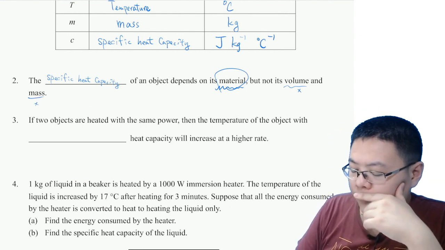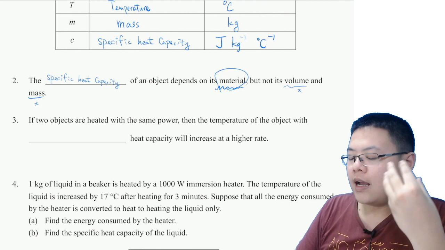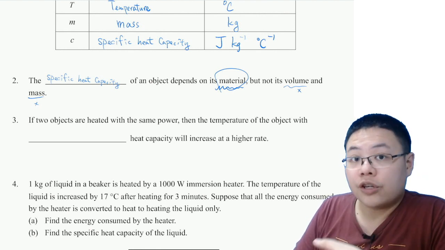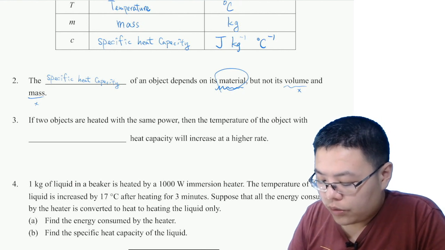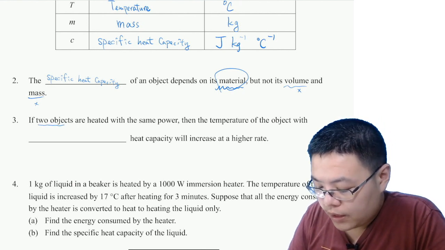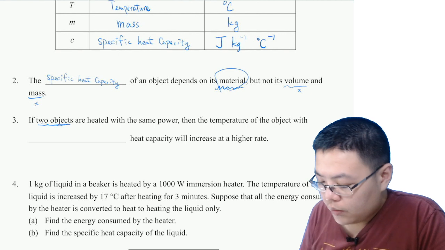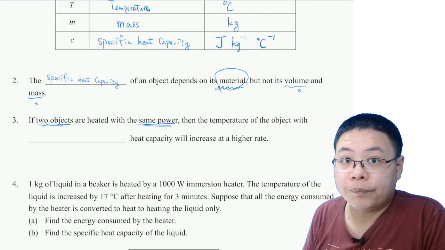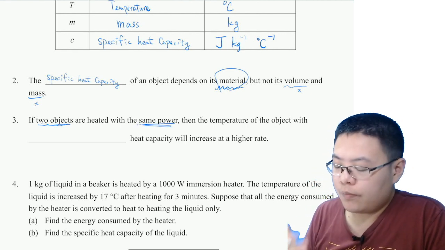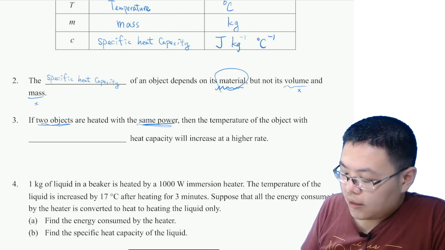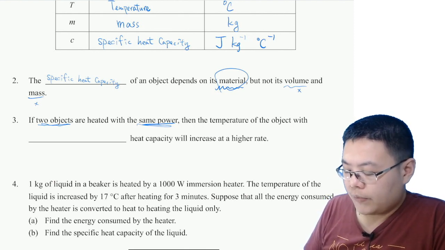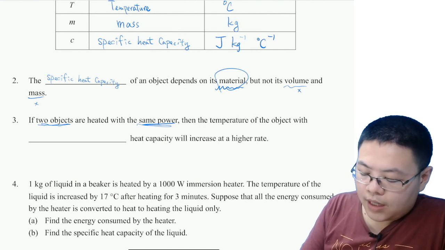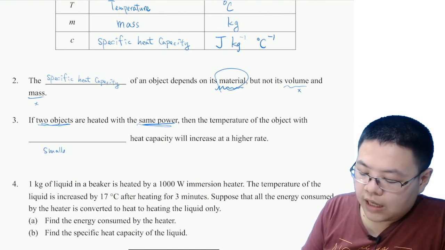And then specific heat capacity is how difficult it is to change the temperature, right? And then, so for question 3, when we compare two objects with the same power, so the energy provided is at the same rate, then compare the temperature change of the object. So here it is smaller or larger.